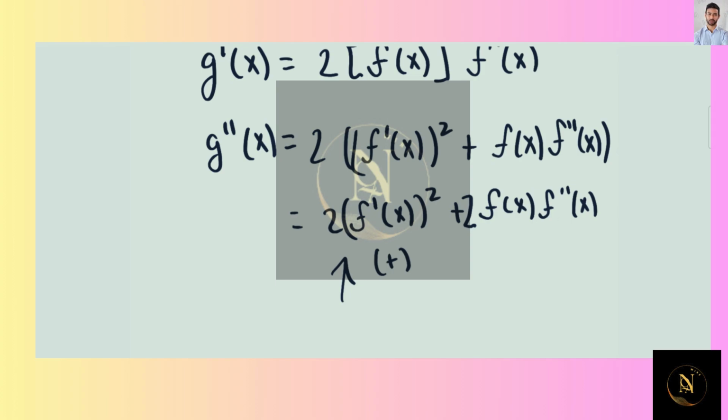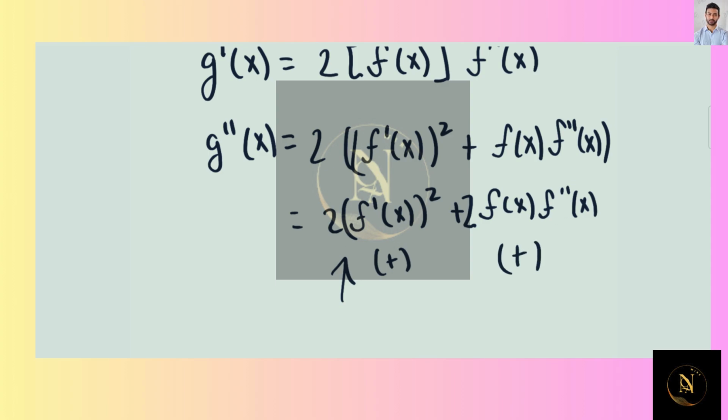Now if we look at the second term in our second derivative, we know f of x is positive. We were told f of x is positive on this interval. And we also know that f of x is concave up on this interval, so we know that its second derivative is also going to be positive. So this term is going to be 2 times a positive number, since f of x is positive, times another positive number, since we're concave up.